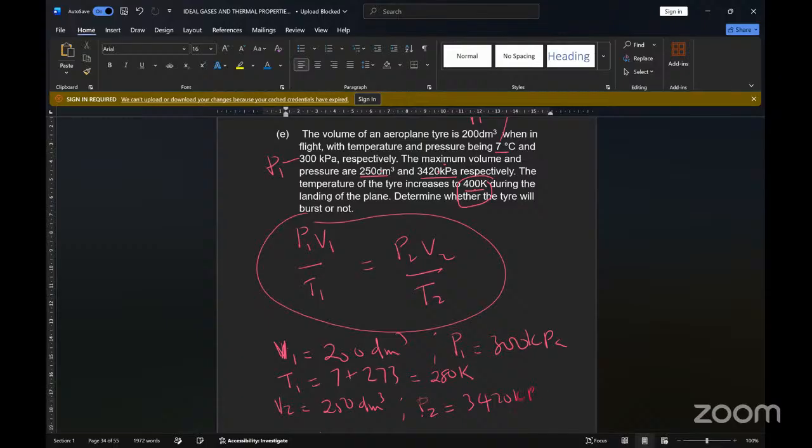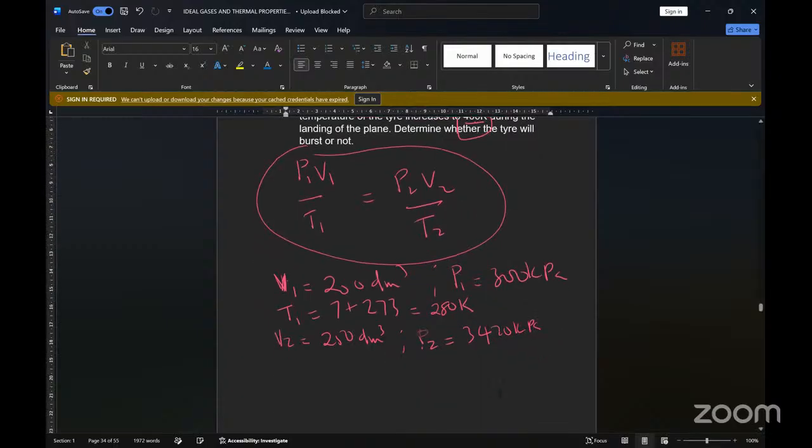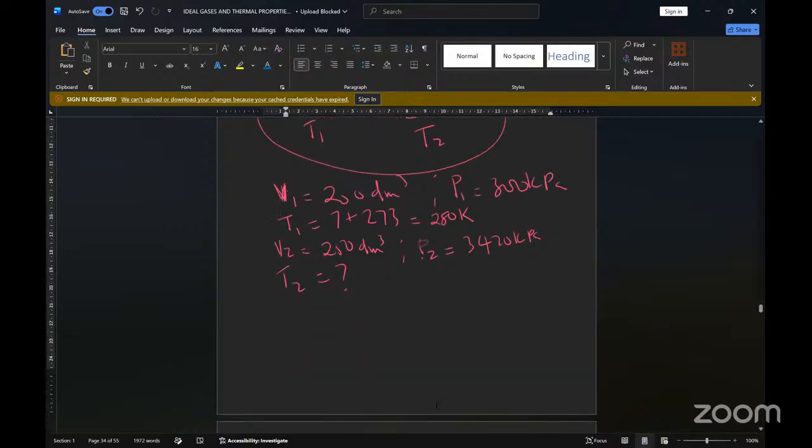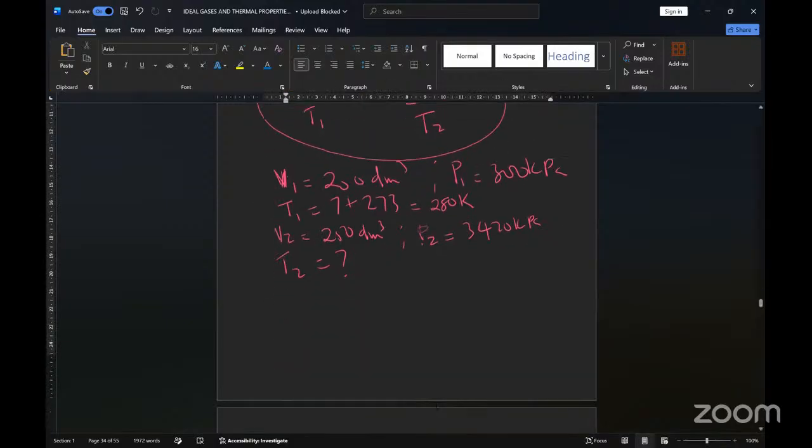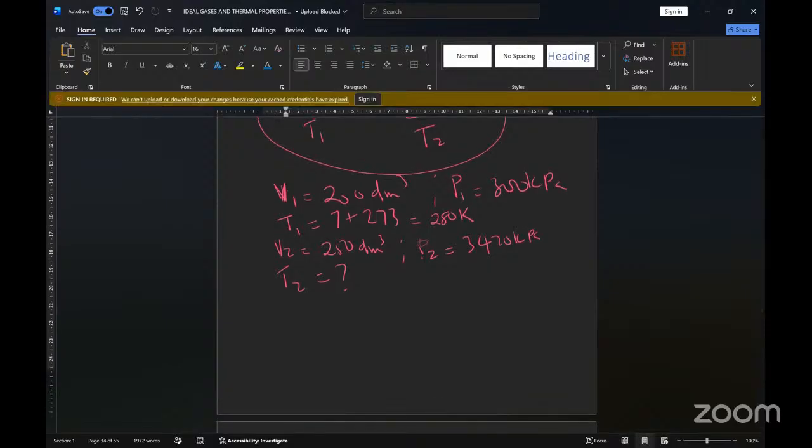3420 kilopascal. And then our T2 is what we should look for. T2 is unknown. That's what we have to find and compare with what we have been given in the question. So we substitute it quickly. P1 is this one here. So I'll write 300 times 200 all over 280.